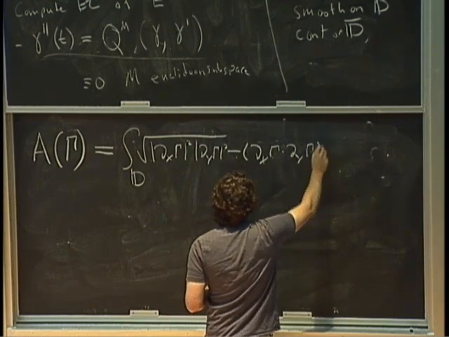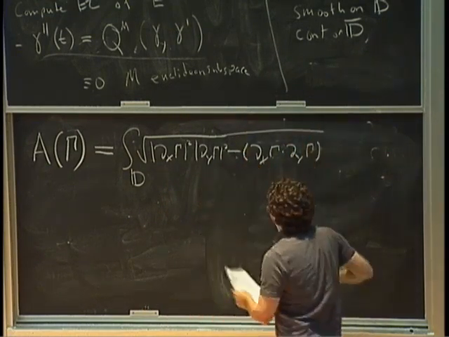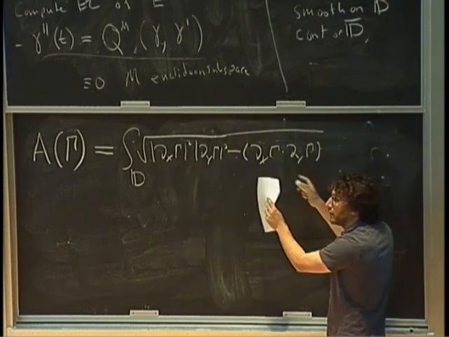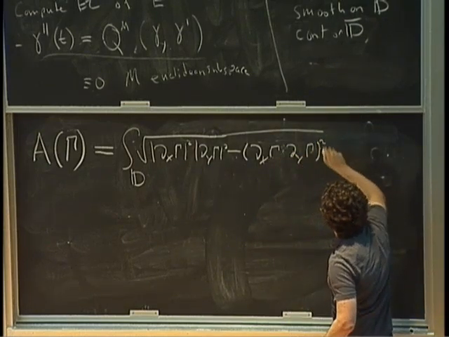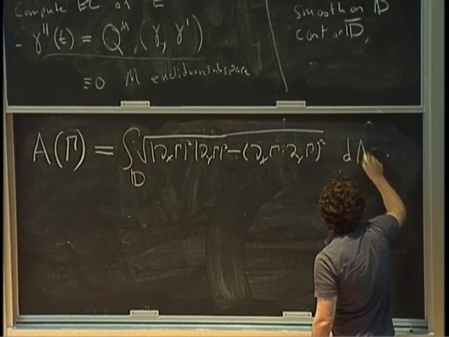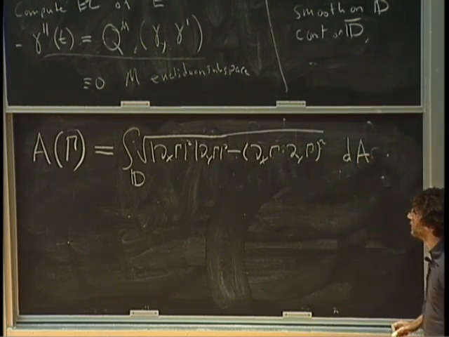Remember, gamma is a vector valued function, so we can take its norm and its dot, the Euclidean dot product. And this is dA, the area form on the disk.